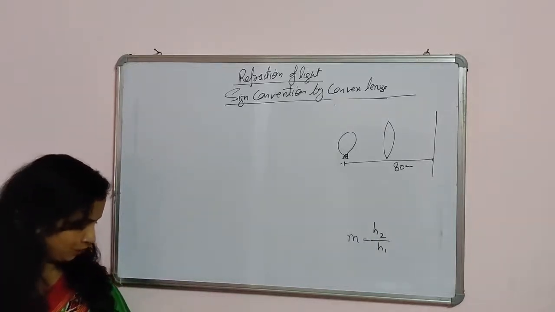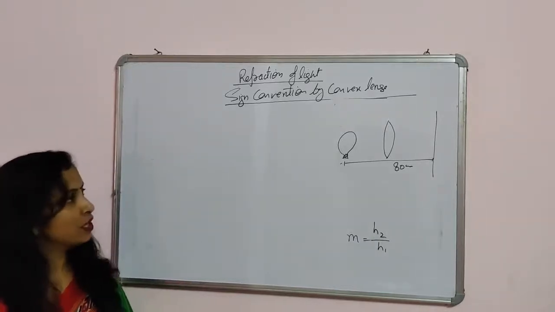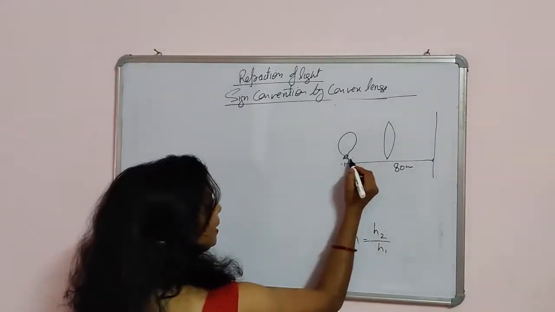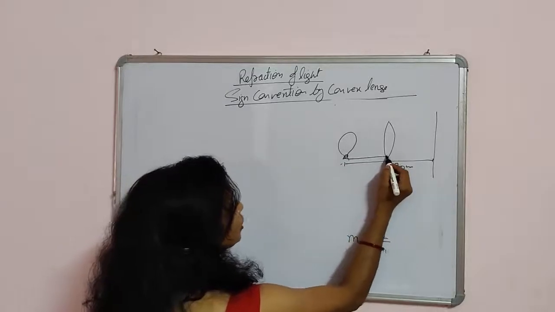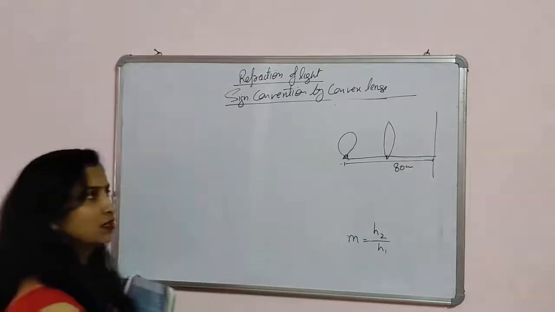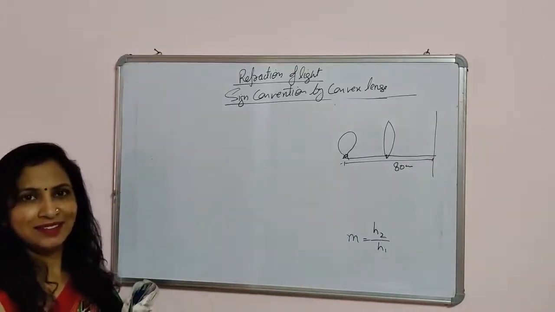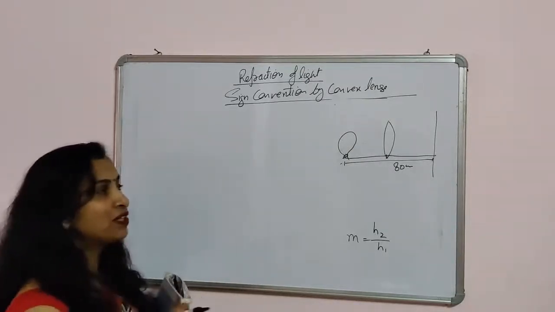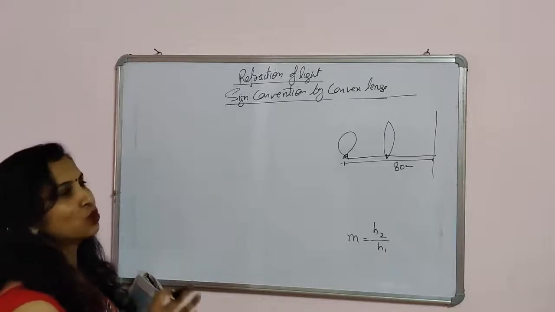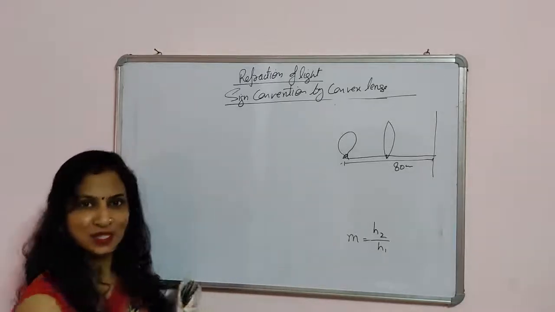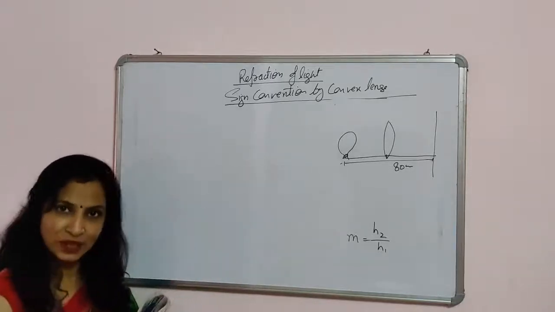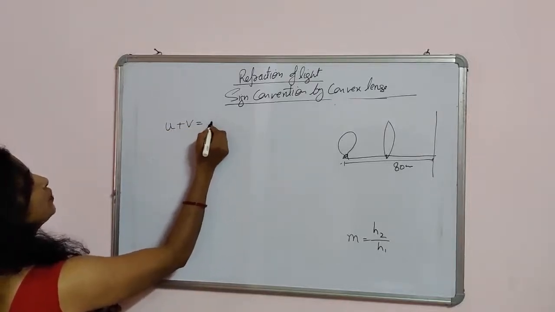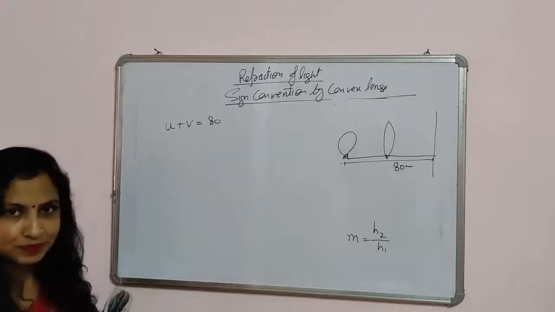So in the question, magnified 3 times. Now we can say the distance of the object from the lens plus the distance of the image from the lens is 80. If the distance of the object from the lens is u and the distance of the image from the lens is v, then u plus v is equal to 80 centimeter.